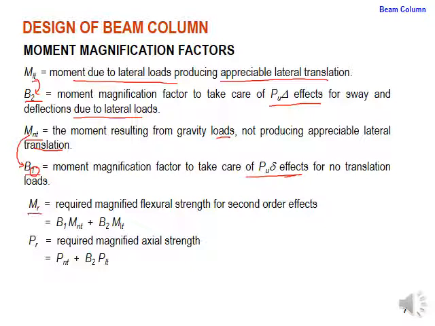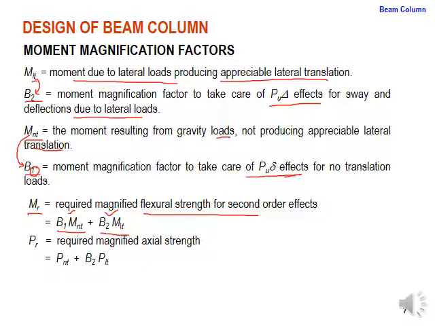And finally, how to get MR, the numerator of the interaction curve, that is the required magnified flexural strength for the second order effects. It can be obtained by superimposing the member effect and the structural effect. The member effect is B1 into MNT, the no sway condition, and the structural effect is due to the sway condition, B2 MLT.